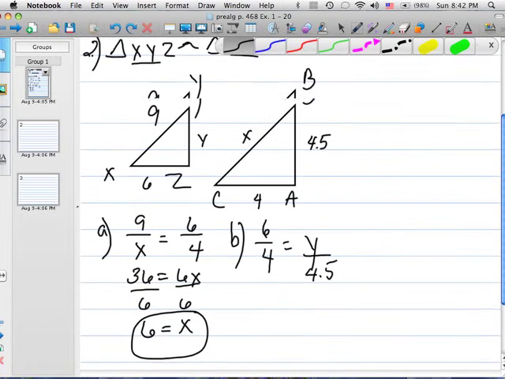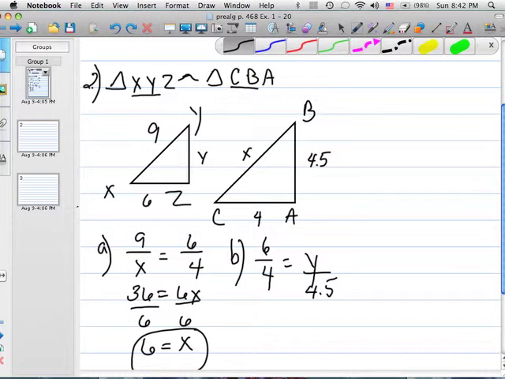If I look at the letters, I can see that ZY is in the same place as AB. And then doing cross products, 6 times 4.5 is 30. Excuse me, it's 27.